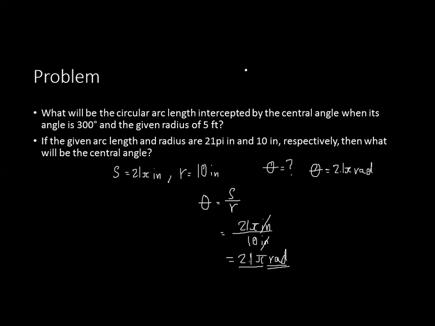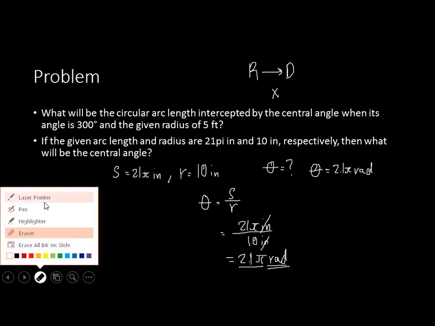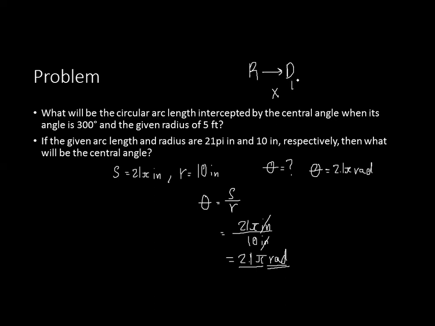Okay. Recall that if you're going to convert a given radian into degree, all you need to do is just multiply it with pi all over. No, no, no, wait. That sounds wrong. It's actually the opposite. It's 180 degrees all over pi radians.